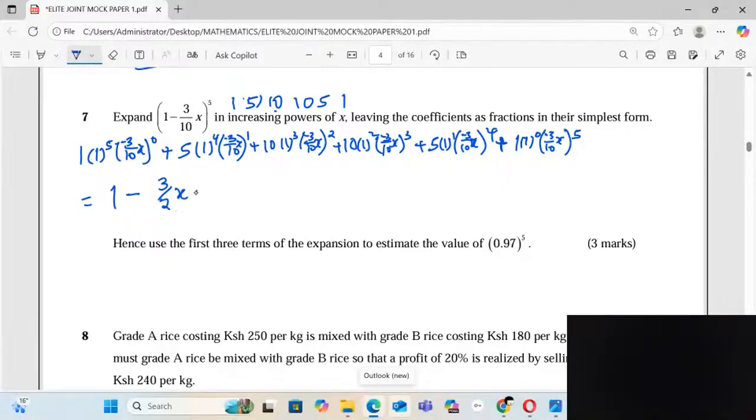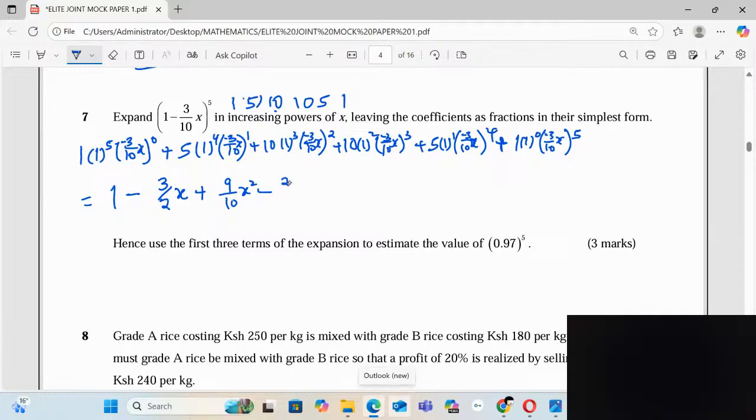Then this next sign is now positive, plus this one next 9 over 10 x. Then the next sign is going to be negative. They keep on alternating because of 1 minus 3. The signs will keep on alternating from negative to positive.